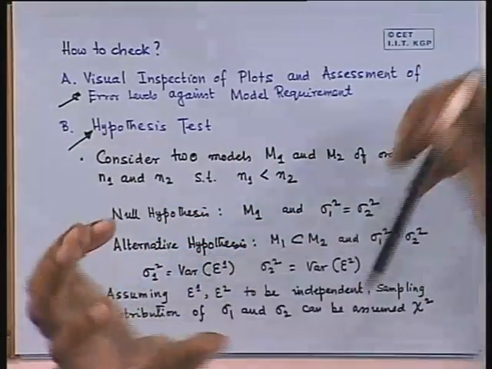The idea is that you make a statement, which is called a hypothesis, and then you try to find out the probability that this statement is true, given the facts that come in the form of data, some values you've got from experiments.